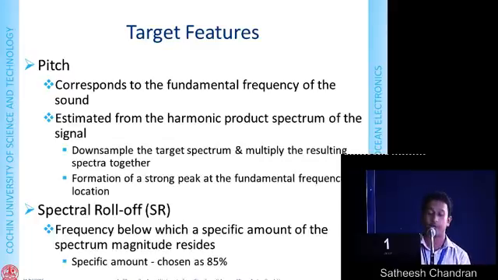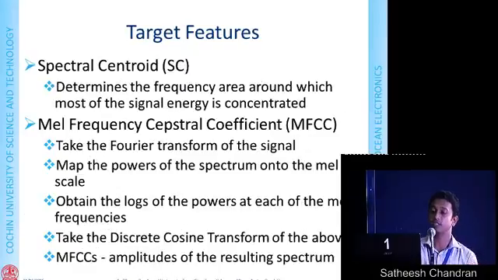Another feature is spectral roll-off, which is the frequency below which a certain amount of the spectrum magnitude resides, and this specific amount is 85% for this work. Another feature is spectral centroid, which determines the area around which most of the signal energy is concentrated. Then the cepstral coefficients were already discussed by the other speaker, so I am not going into the details.